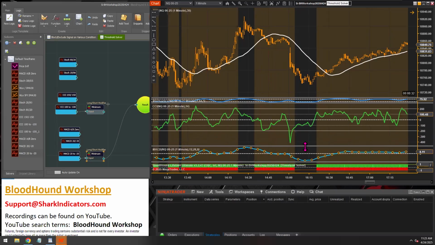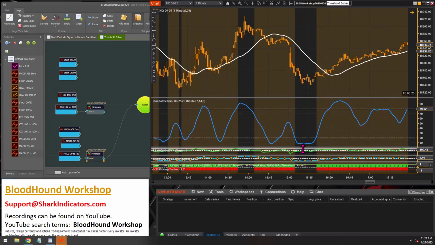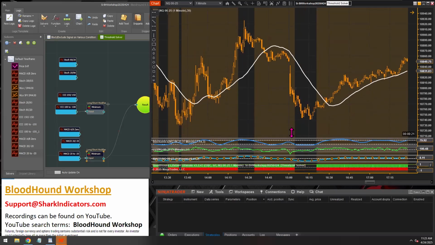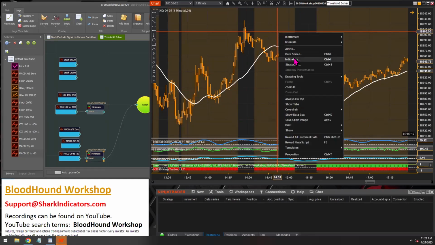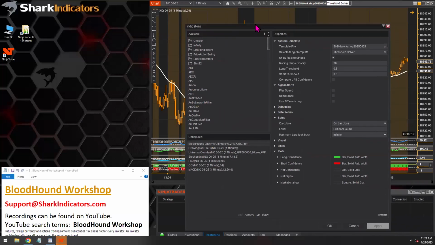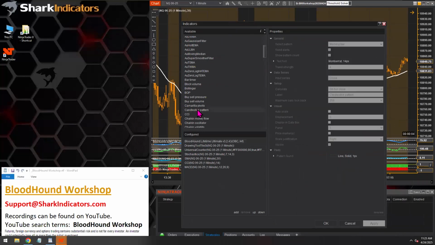All right, let's take a look at reading signals. So this is probably the next most common use case for the threshold solver. Let's close this out here. So let me put this NinjaTrader indicator on here, the candlestick pattern.